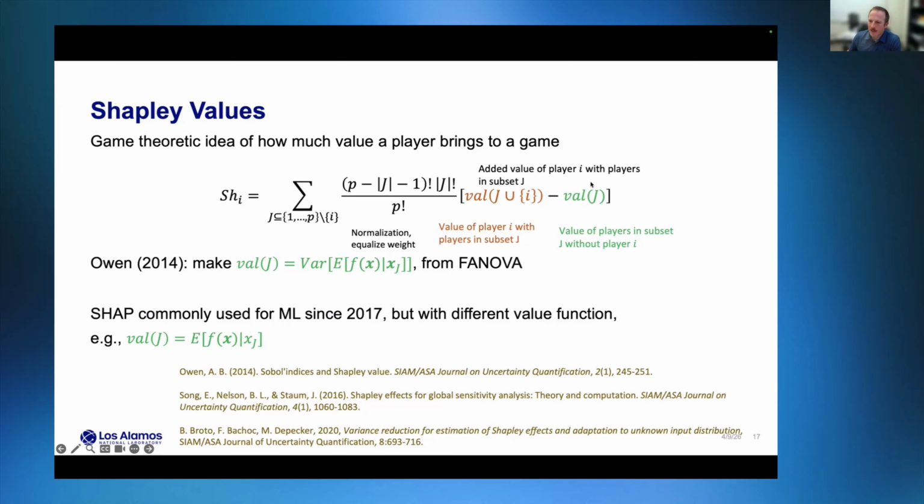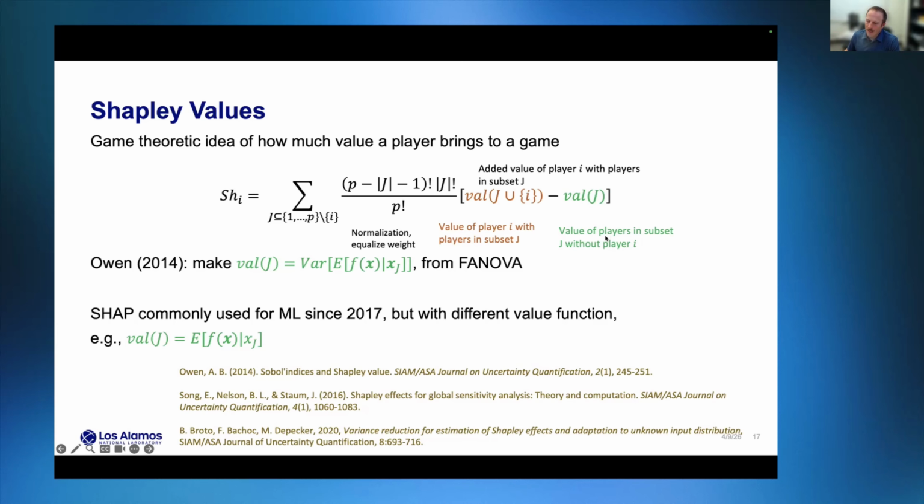And I want to consider the value of that team. So the notion of a team and a game, we're going to replace with variables and a function. So the team of players is like the collection of variables that are used to explain some response here.